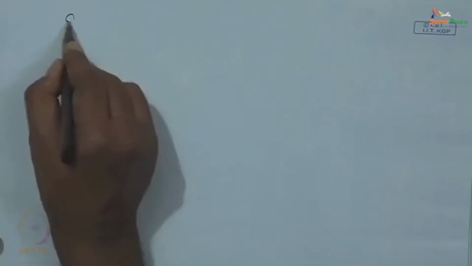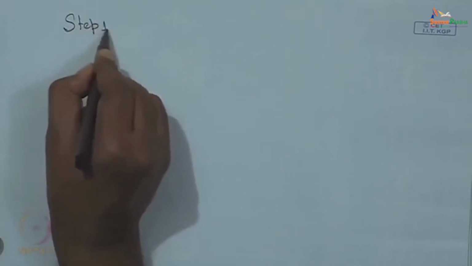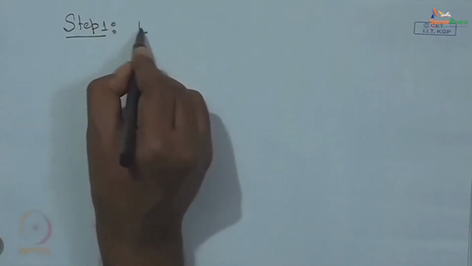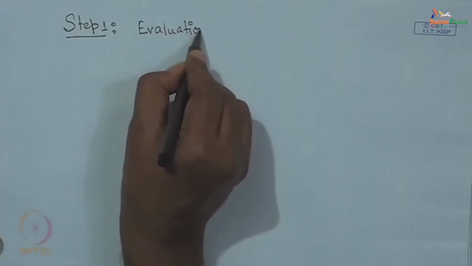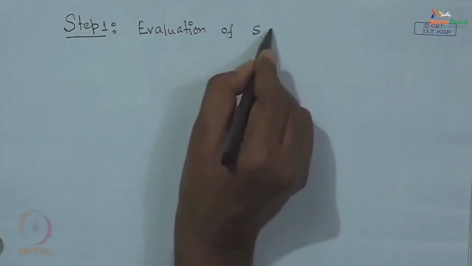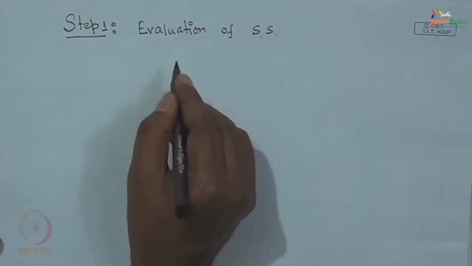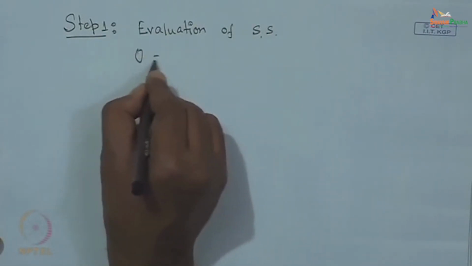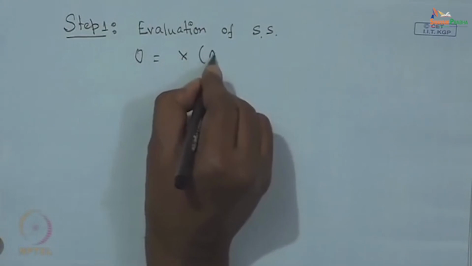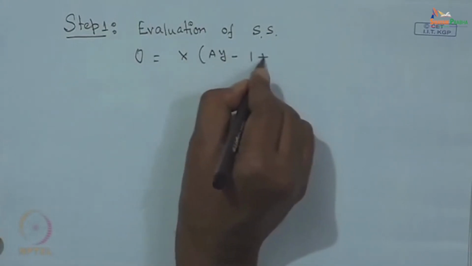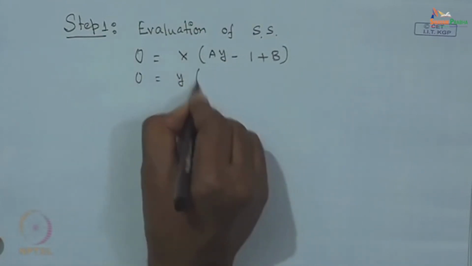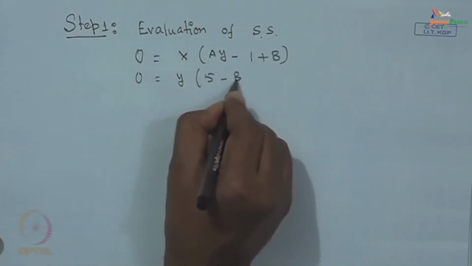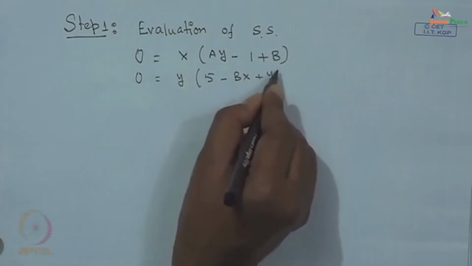So, the first step that we are going to do is evaluation of the steady state. So, we evaluate the steady state. It becomes 0 = x(ay - 1 + b) and 0 = y(5 - bx + y).